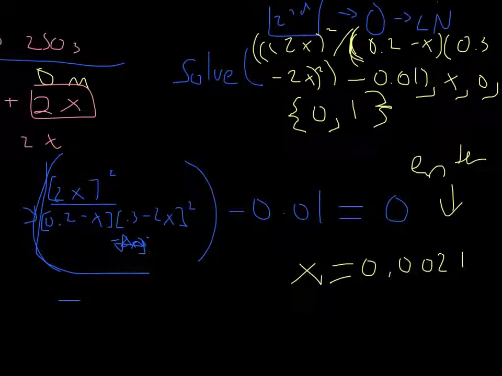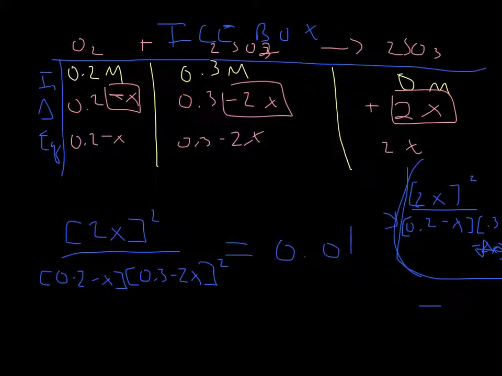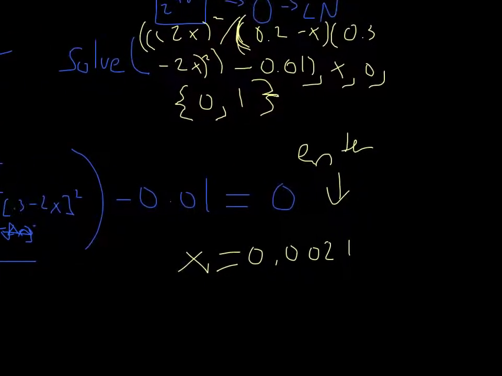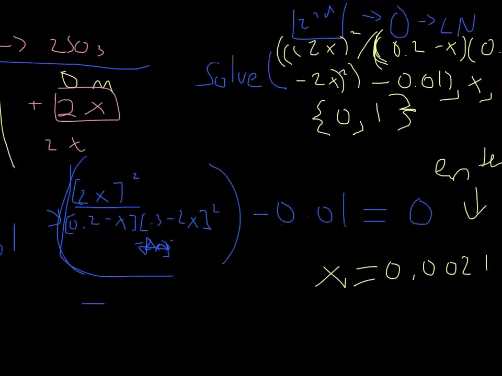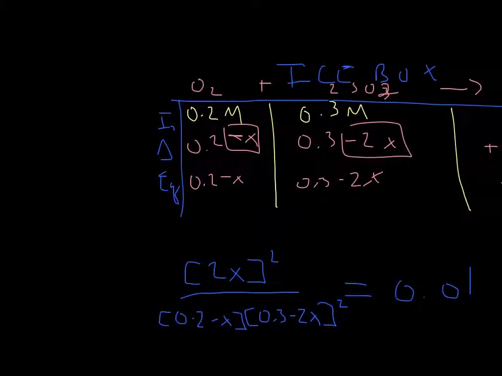So if we look back at our beginning thing, we can see 2x, so they might ask you how much SO3 is there now? It would be 2 times that number, so it would be 0.0042. They might also ask how much sulfur dioxide and oxygen are left.